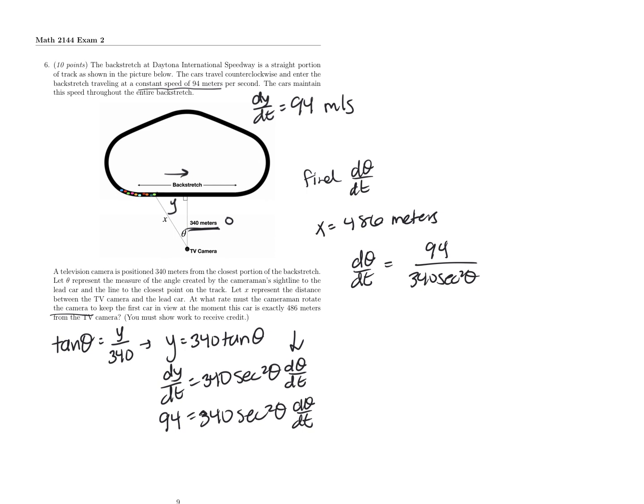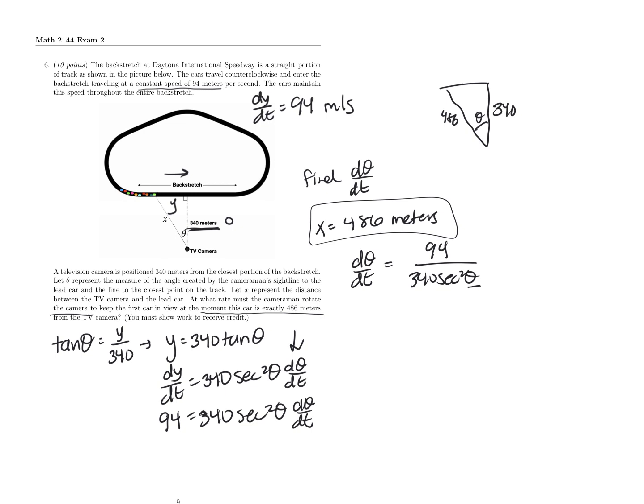But they want us to find that rate at this exact moment when x is equal to 486 meters. But to solve for it, we only need theta, right? So let's go back to our triangle. Well, we want this theta whenever we know this is 340, and we want to know when that hypotenuse is 486.